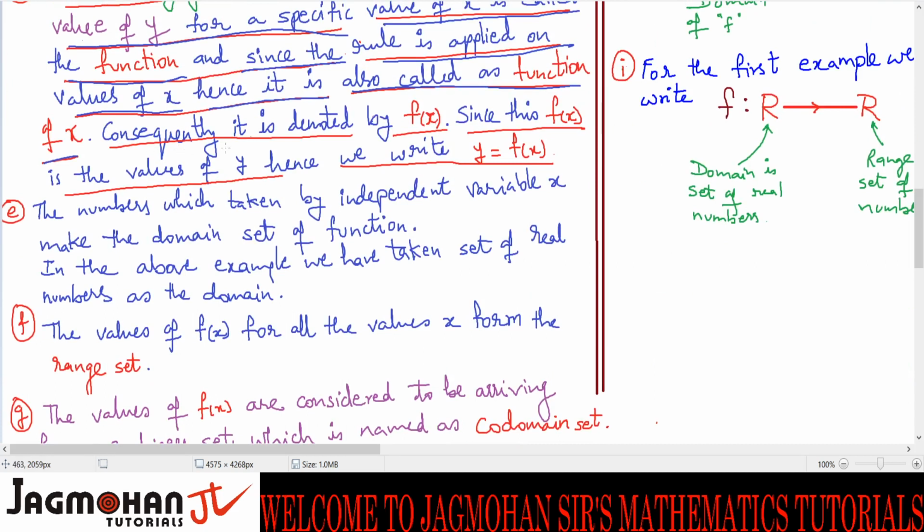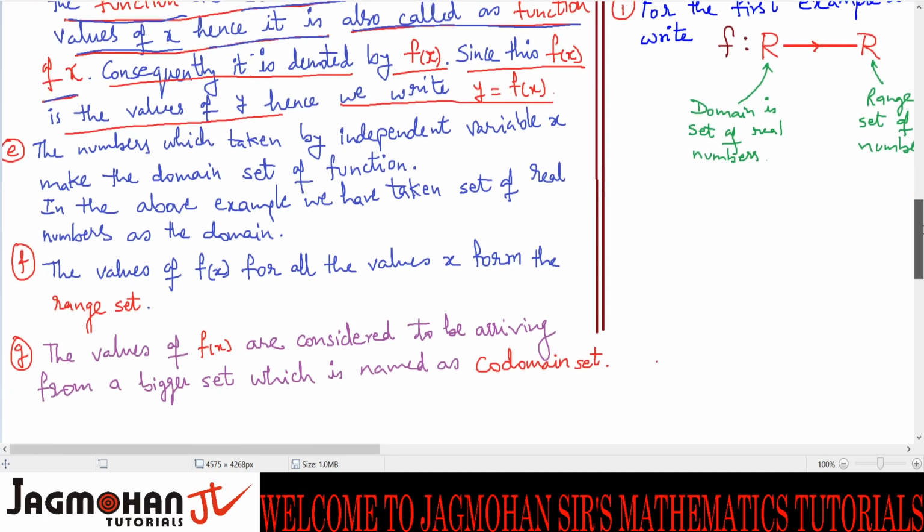Further, consequently, it is denoted by f of x. Since the underlying rule which we are calling a function and denoting by f is applied on x, we can call this f of x. Since this f of x is the value of y, hence we write y equals f of x. Remember students, you write f of x or you write y, it is one and the same thing.